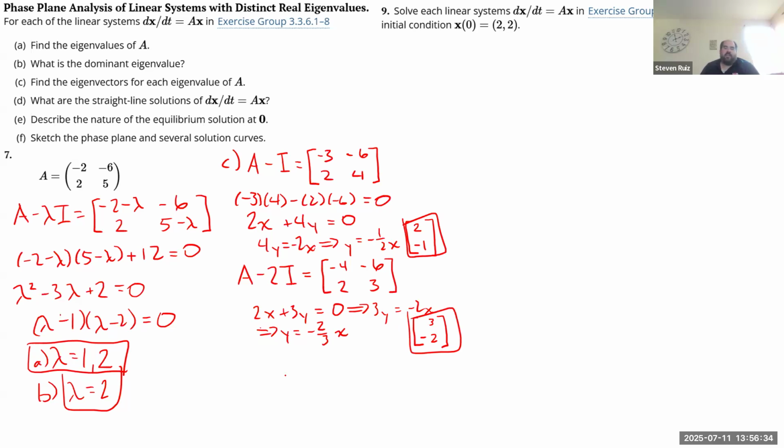So D, what do the straight line solutions look like? Those straight line solutions come directly from my eigenvectors, to the point where I think I've already written them down. One of them is going to be y equals negative 1/2 x, and the other one's going to be y equals negative 2/3 x.